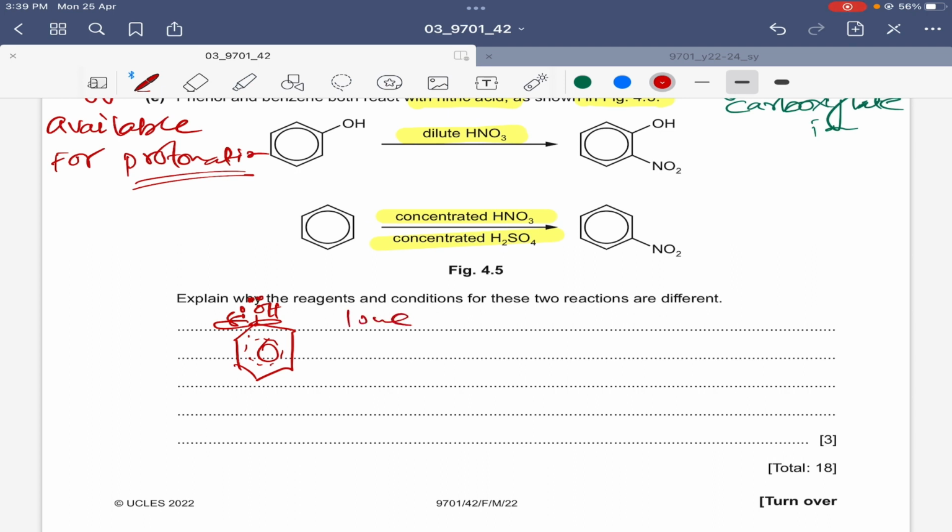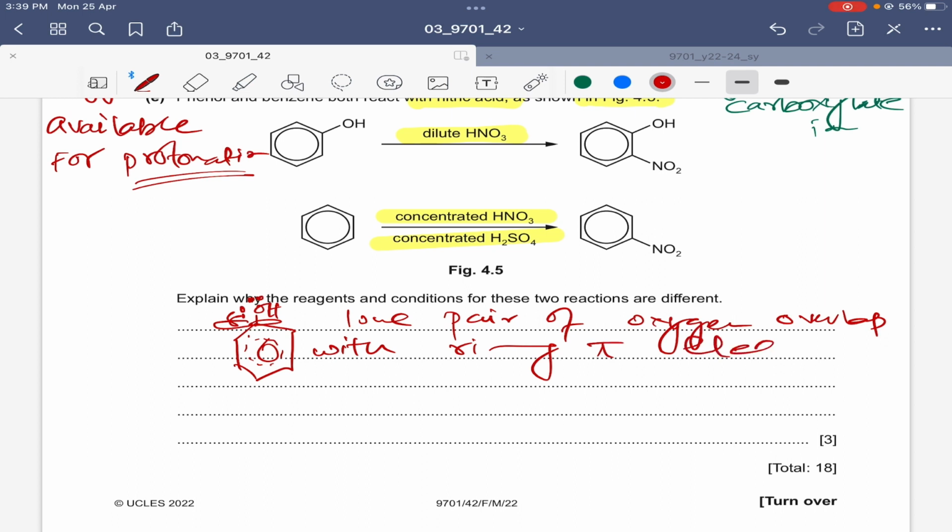So we can say that the p orbitals on oxygen, the lone pair of oxygen or the electron present in p orbitals, overlaps with ring pi electrons to get more stable, right?